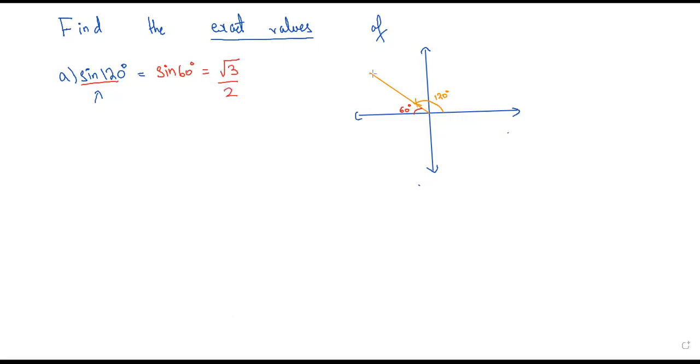Because the next part would be done using this. Root 3 by 2 means what, Munja? That means y is this, x should be this and that should be r. Just take your time and find the values of x, y, and r as well, because we will be using that in the next part.